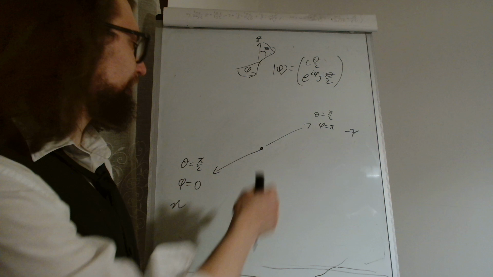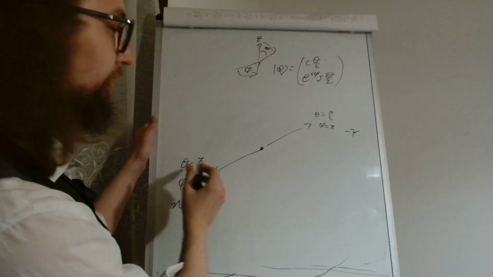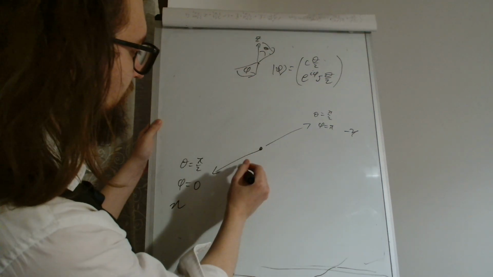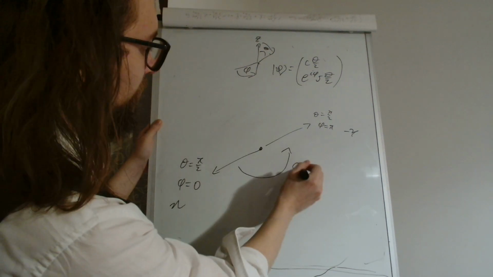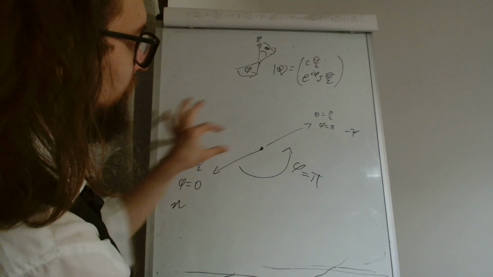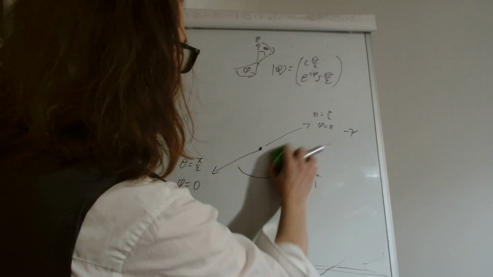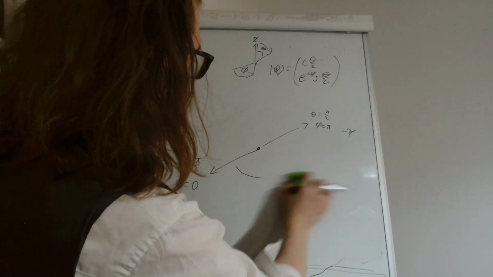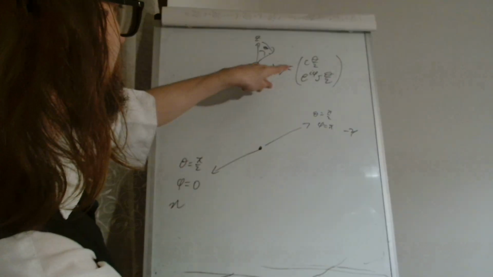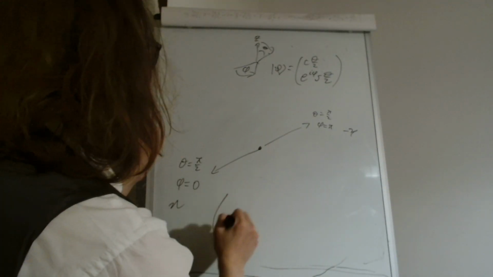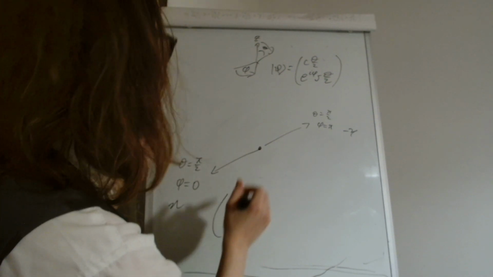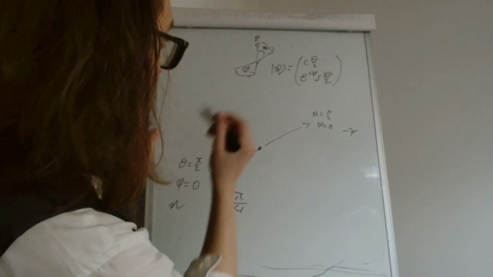So on the x-axis you have plus x, theta equals pi half, phi equals 0, and here instead for minus x you have phi equals pi and theta also equals pi half, and so you substitute here, and theta half here is pi by 4, and so we have the cosine of pi by 4.